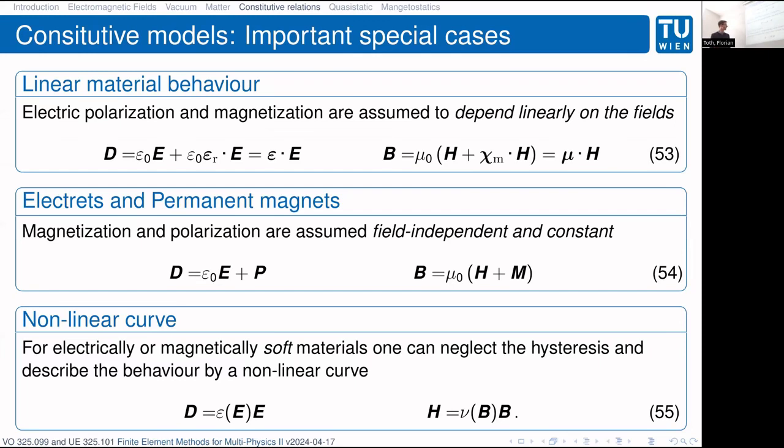And since this is in general nonlinear, this could also include some hysteretic behavior. In the curve case, you typically neglect the hysteresis and condense this down to a curve to have a unique relationship between D and E or H and B.